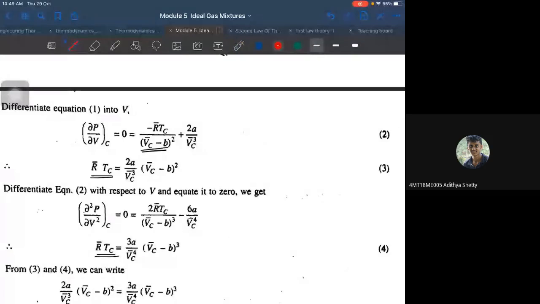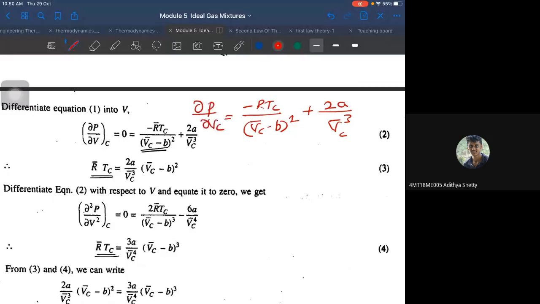So minus R bar Tc divided by (V bar C minus B) whole square, plus 2A by V bar C cube. This is dou P by dou Vc. Now, if I want dou square P by dou Vc square, that is dou by dou Vc of dou P by dou Vc.